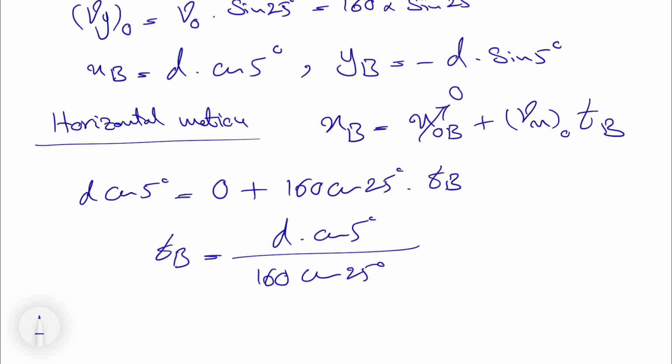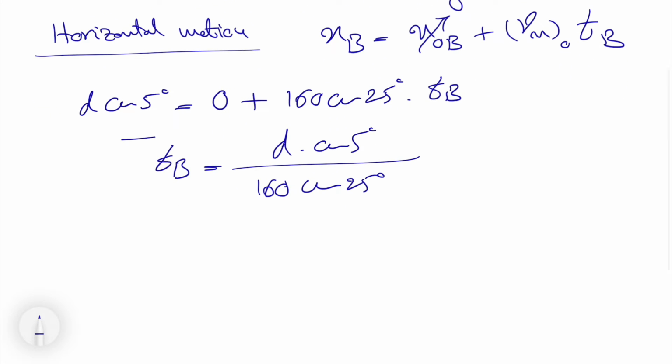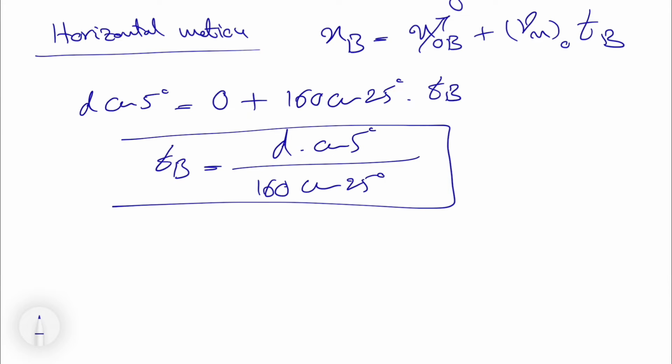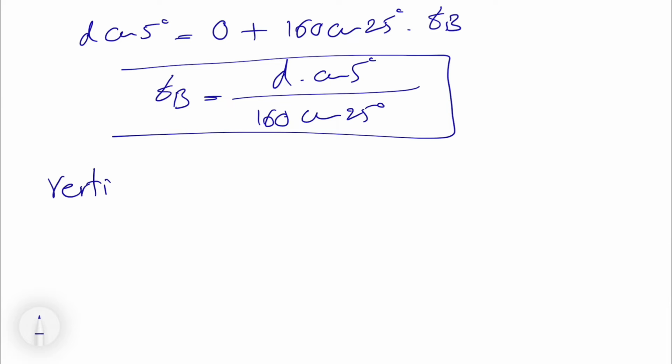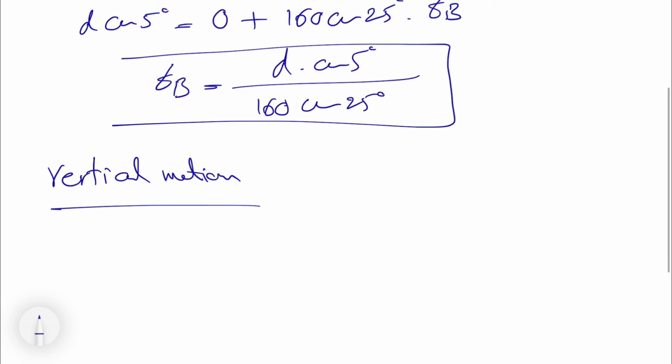From here we can find tb, which will be d times cosine of 5 degrees divided by 160 cosine of 25 degrees. The time will be the same in both motions, horizontal and vertical. So we can use this t in our next formula.